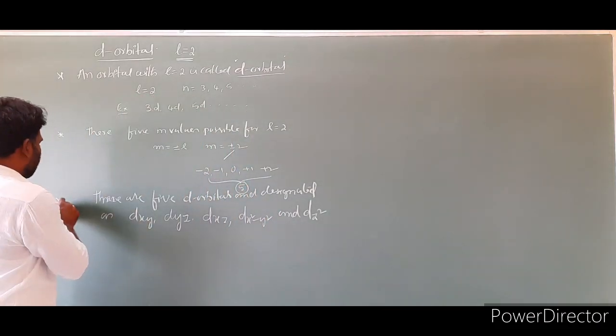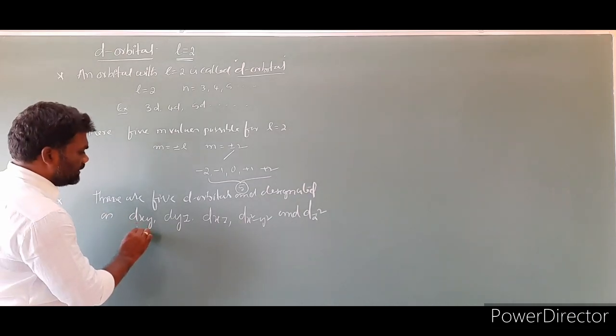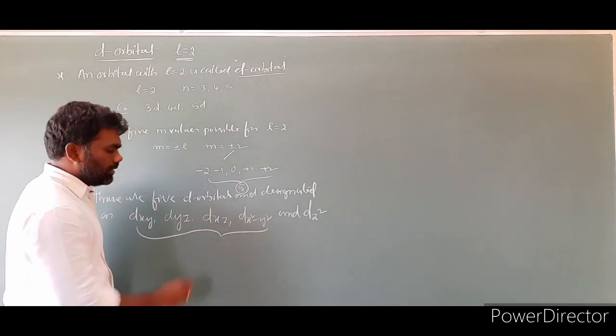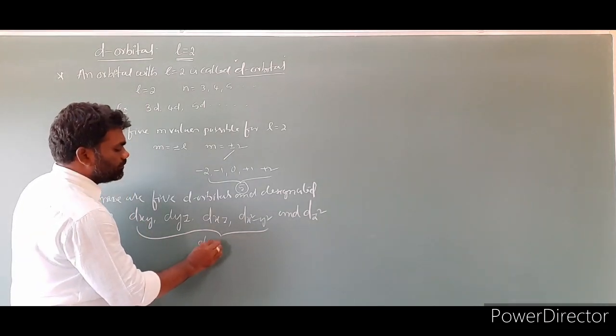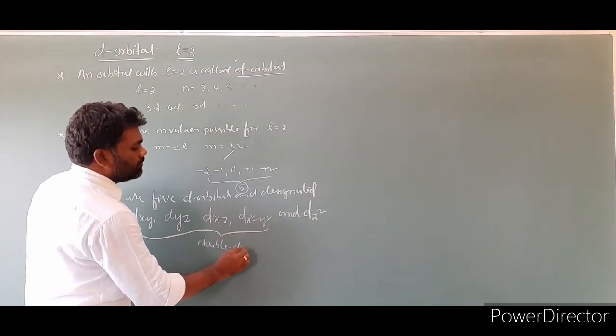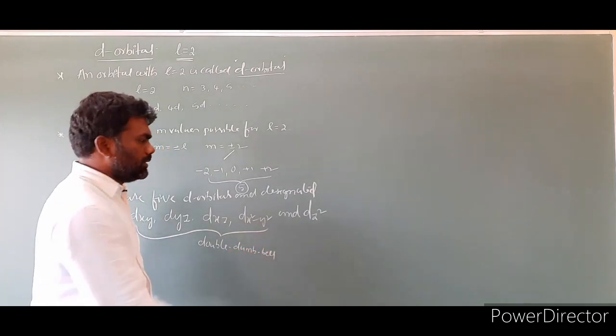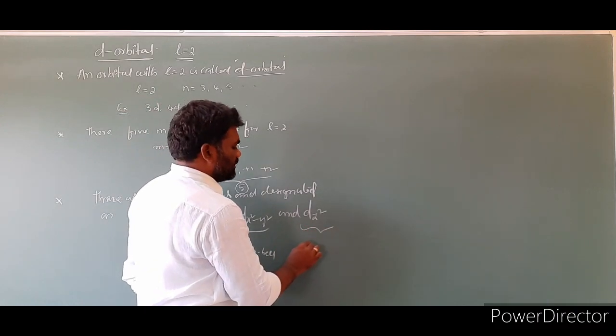So regarding this, another important point is shapes. dxy, dyz, dxz, dx square minus y square, all they are double dumbbell shape. Only the dz square orbital is a dumbbell shape.